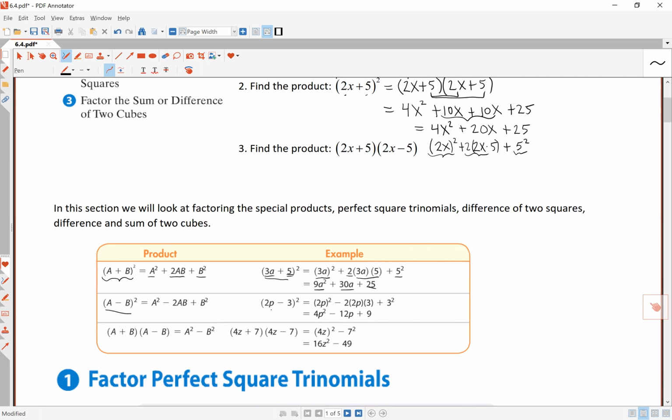So if we have 2p minus 3 squared, then the 2p is squared, which gives us 4p squared. The product of the 2p and 3 is 6p, and then we double that and get 12p, and then we square the 3 and get 9, but we use a minus instead.